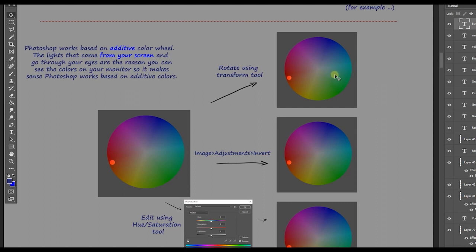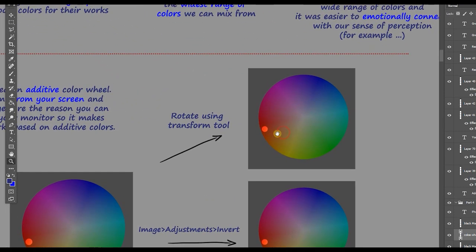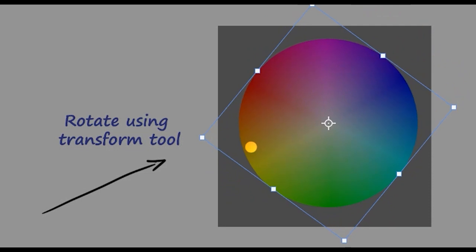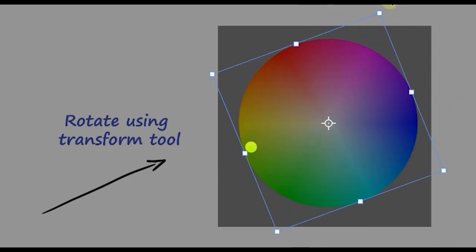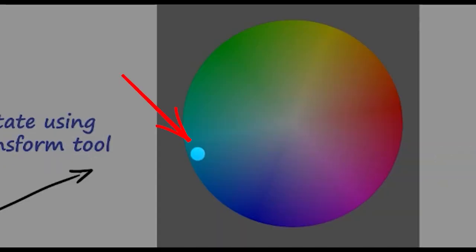If I select this color wheel, press Ctrl T, and turn it 180 degrees, you can enter the exact degree here. I see cyan, not green.